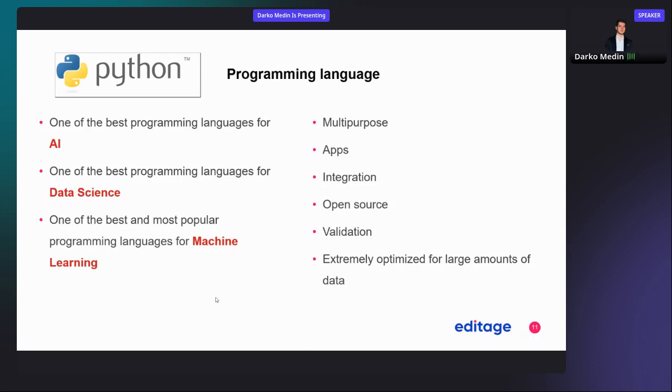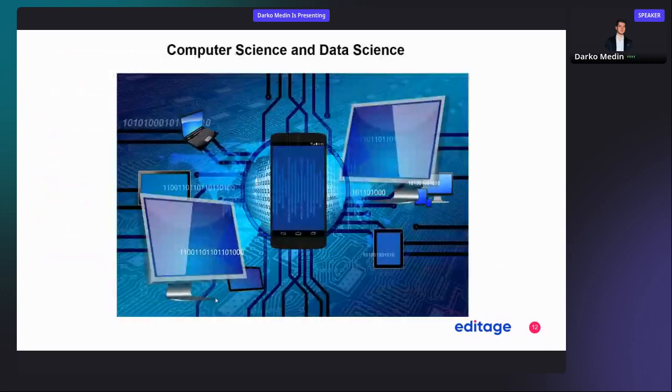This is really why Python is preferred among data scientists interested in, as I said before, AI and machine learning. So it's multi-purpose, it's well integrated with other languages. It's also open source, which is also great for all data scientists and statisticians out there. It's also well validated, and as I said before, it's well optimized for large amounts of data.